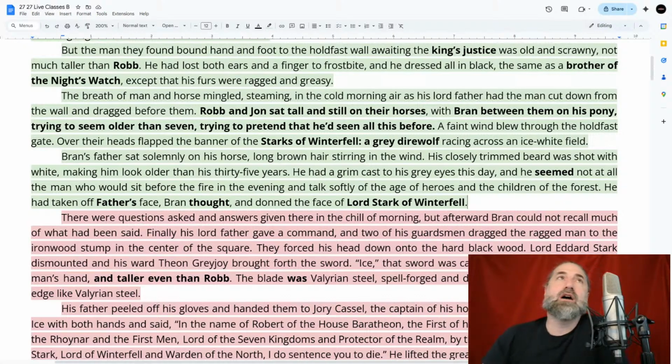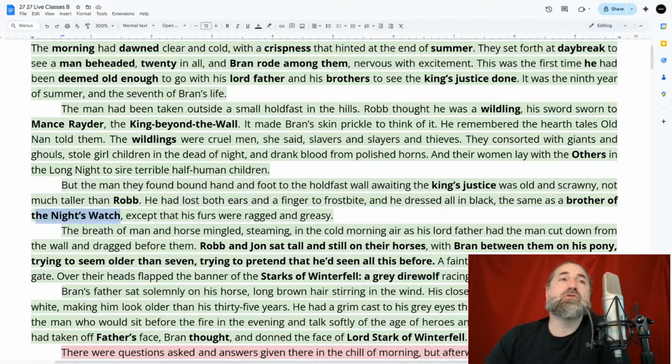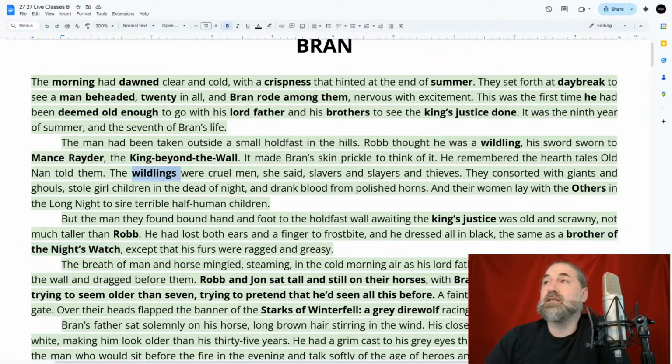So we have introduced the father, Bran, Robb, Jon, that they are indeed the Starks of Winterfell. More importantly, the Dire Wolf is there. And then we've introduced the world itself, the broader introduction: the Night's Watch, the Wildlings, the Others, Mance Rayder, the King Beyond the Wall.